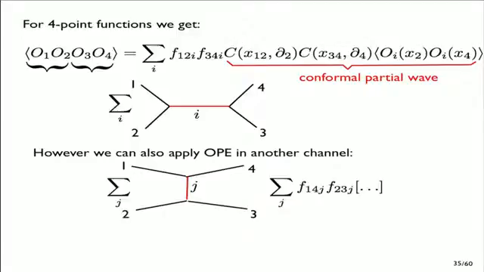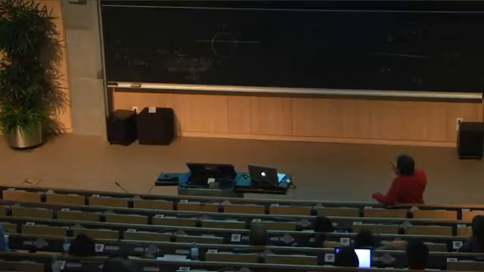If you do this, you get on the right-hand side a sum of 2-point functions acted upon by the OPE coefficient function C, one which depends on the difference between operators O1 and O2, another which depends on the difference between operators O3 and O4, multiplied by these OPE coefficients.